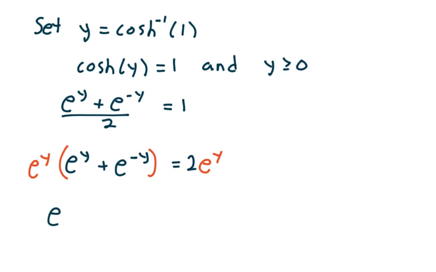So I get e to the 2y plus 1 is the same as 2e to the y. So that says e to the 2y minus 2e to the y plus 1 equals 0.